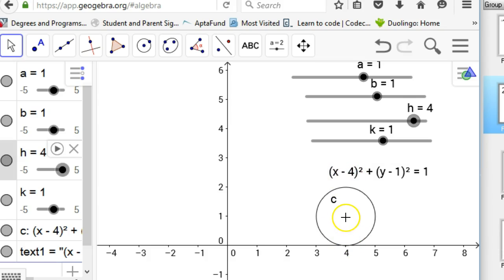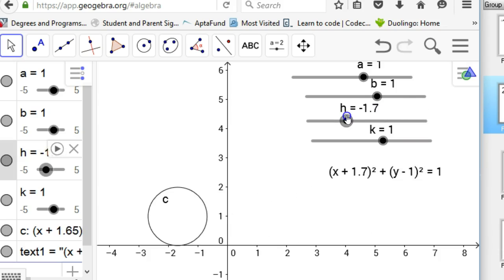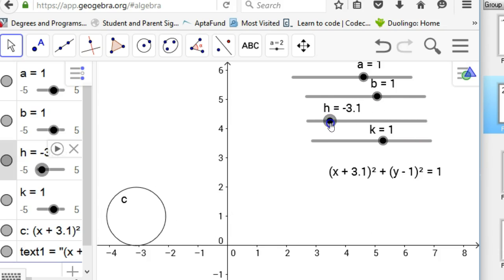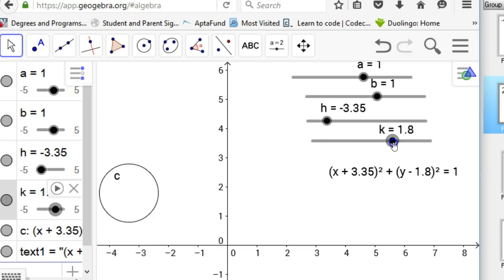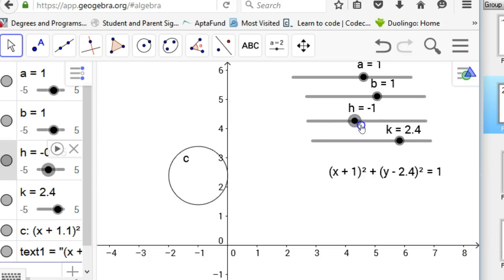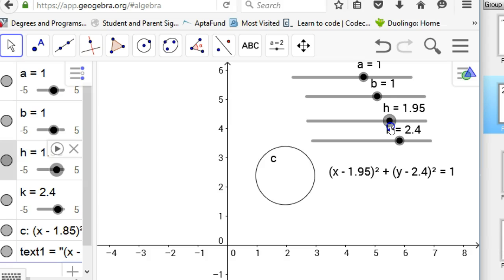Notice on the x-axis it's 4 over. If I move it to negative 3.35, it's x plus 3.35 inside of there. Same with k. If I move that up, well, we'll move it to 2.